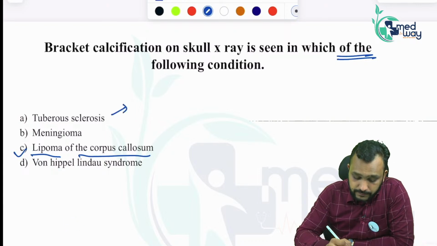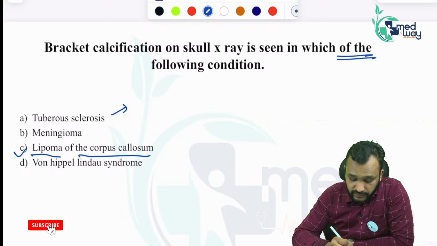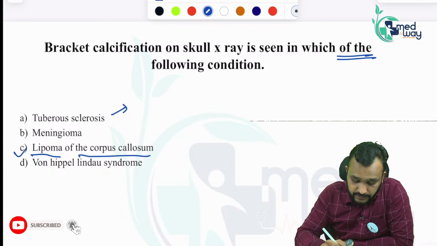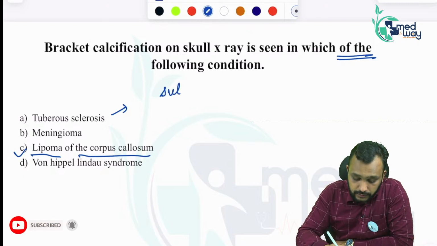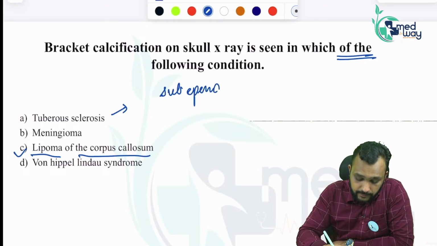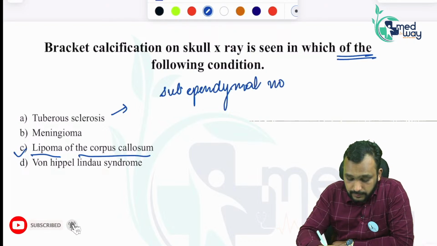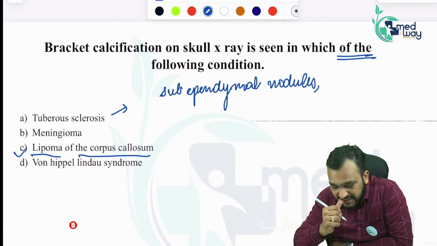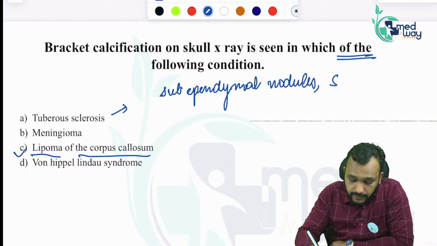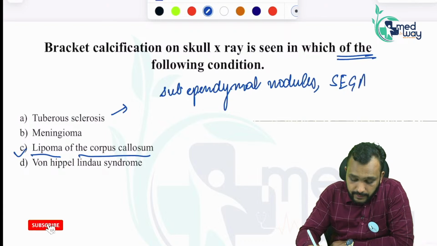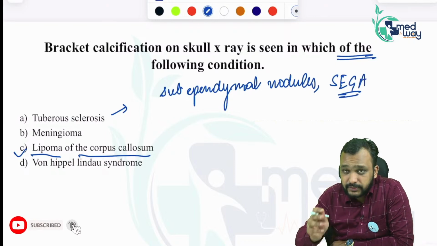If I talk about important features of each of these tumors mentioned here, in tuberous sclerosis you are going to see subependymal nodules in the brain, and you are going to see subependymal giant cell astrocytoma.